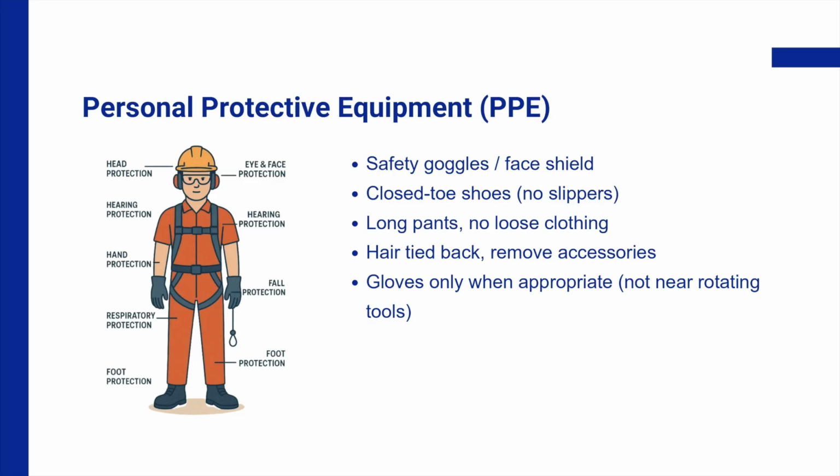Long hair should be tied back, and loose accessories should be removed, because it is very dangerous if you are wearing all these things in the workshop. Wearing PPE may seem simple, but many workshop accidents occur because basic protective equipment is ignored. Alright, we have a lot of cases of these workshop injuries, and that is very scary.